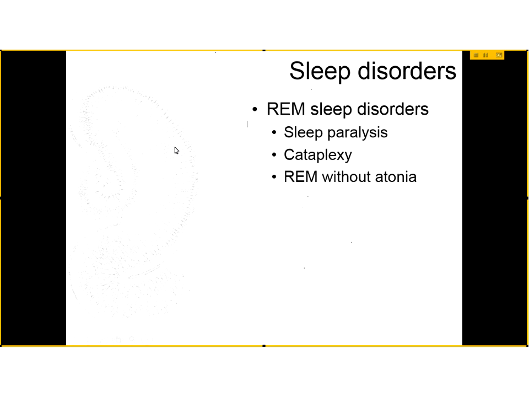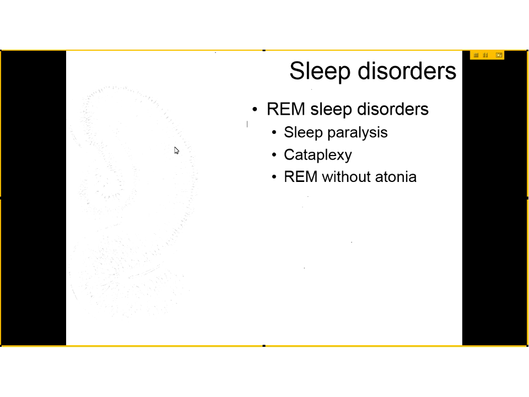Next, we'll turn to some REM sleep disorders. One that you may have experienced, and I haven't had this experience before, but oftentimes when I ask classes about it, they'll say they've definitely had this. One's called sleep paralysis. That's where, as you're starting to wake up in the morning, you find yourself completely awake, but you're unable to move.